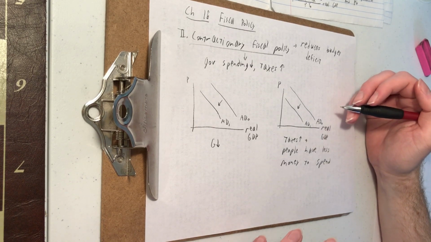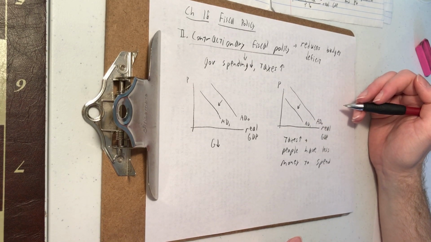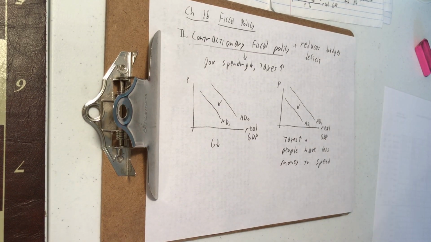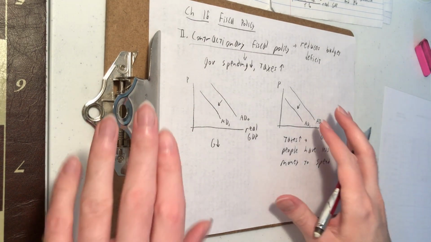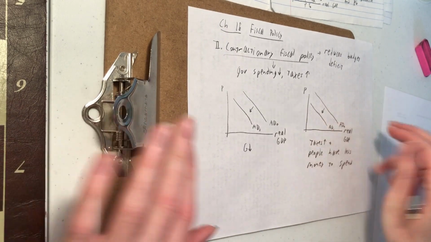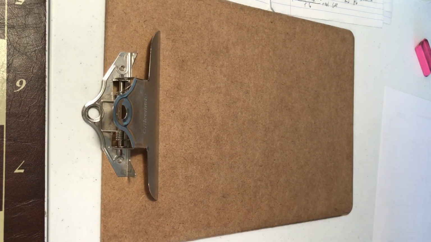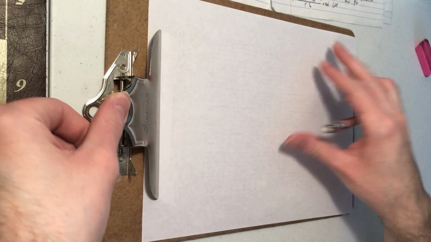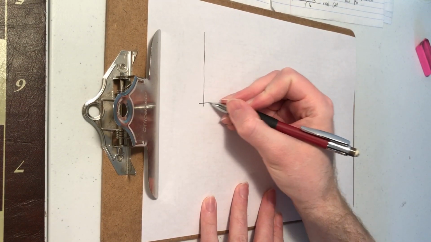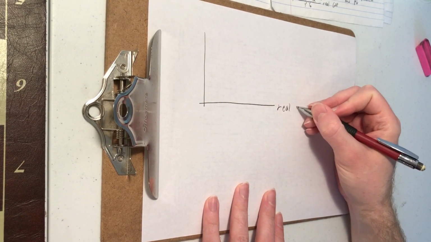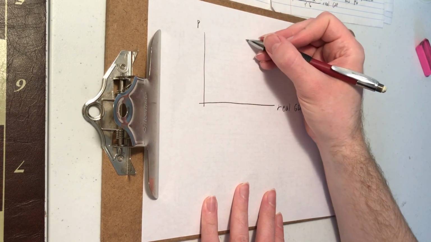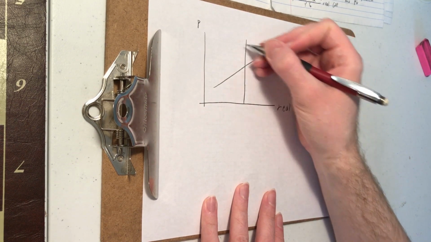So that's what it does to the AD curve in isolation, but we care about what it does in the full ASAD model. So let's look at the effect with the other curves in there as well. So as always, we start from long run equilibrium unless the problem tells us not to.